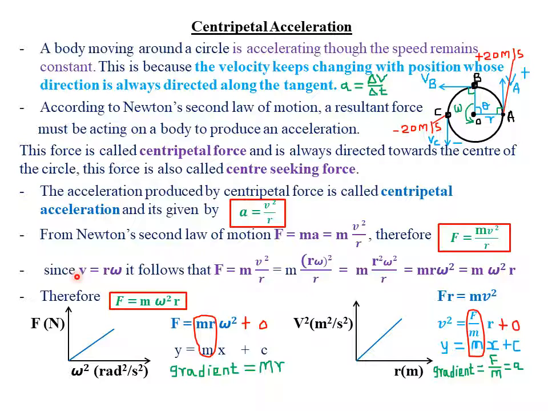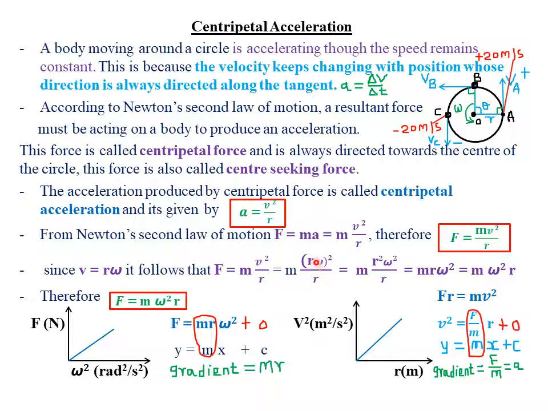Similarly, from our previous class, Uniform Circular Motion Lesson 1, we derived that linear velocity is given by radius times the angular velocity, omega. So if I substitute v equals r omega in the formula F equals mv squared over r, where I have v, I substitute r omega, and because it was v squared, this will be r omega squared.